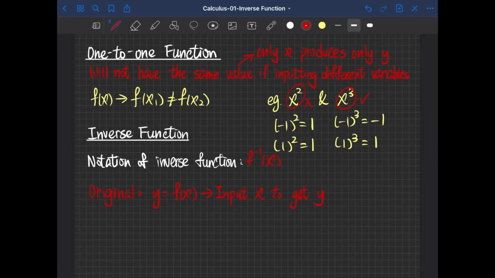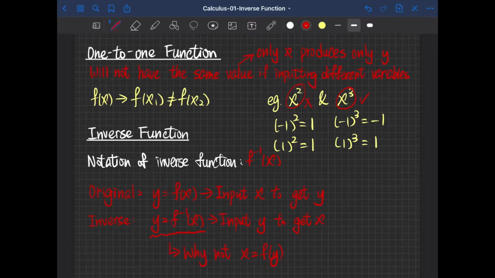And the inverse function is y equals the inverse of f(x), which means input y to get x. And we will talk about later why we don't write this as x equals f(y).